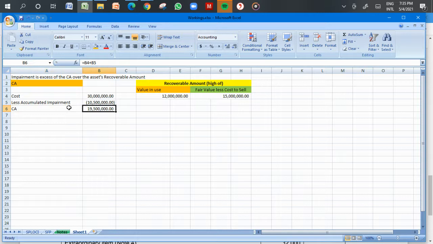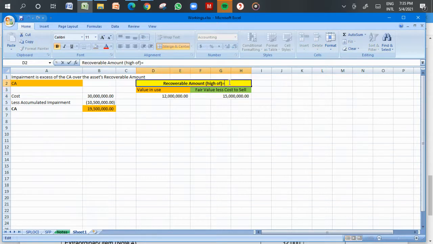So we are now comparing the carrying amount, this figure, to the recoverable amount, this figure. The recoverable amount we said is the higher of these two, the value in use and the fair value less cost to sell. So in this case, our recoverable amount is actually 15 million.